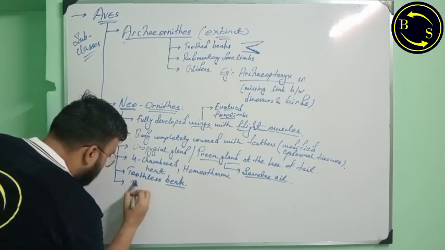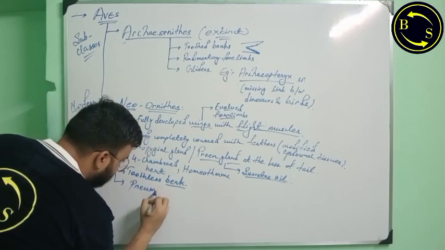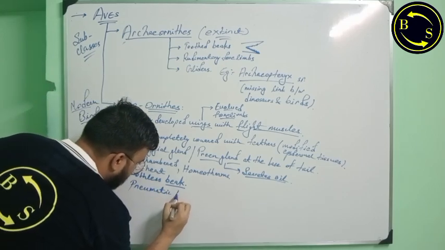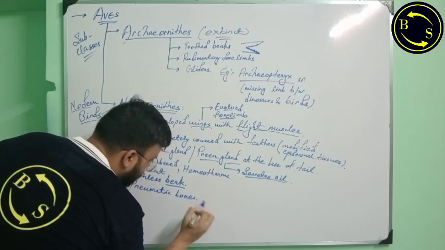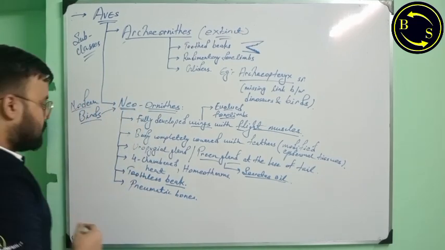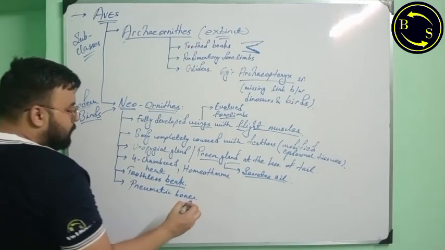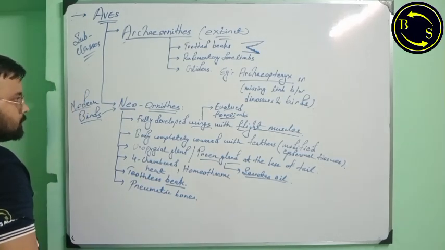They have pneumatic bones. That is, their bones are hollow with air cavities. Pneumatic bones that help them to fly. Right?